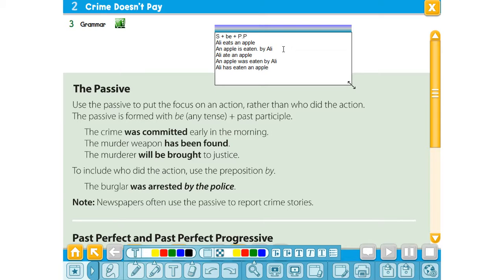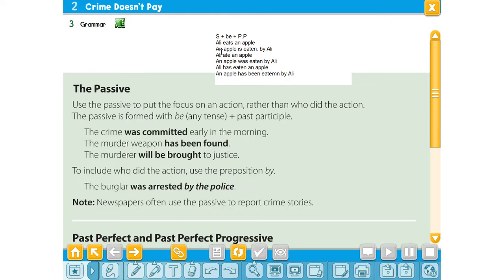We could say an apple has been eaten by Ali. Okay, this is the passive for the first part.